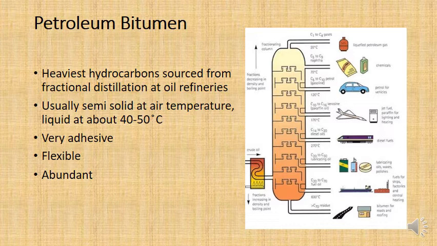Now, when they heat that oil up, they heat it up slowly so it doesn't explode and catch fire. But they basically heat it up slowly and it turns to a gas. And then that gas goes into this really long column called a fractionating column.